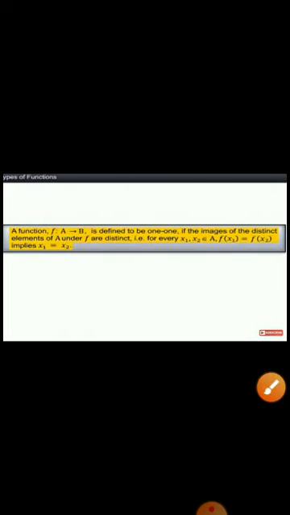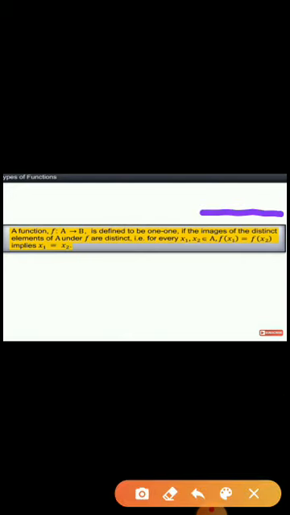So we can define a 1-1 function as follows: f defined from A to B is 1-1 if the images of the distinct elements of A under f are distinct.